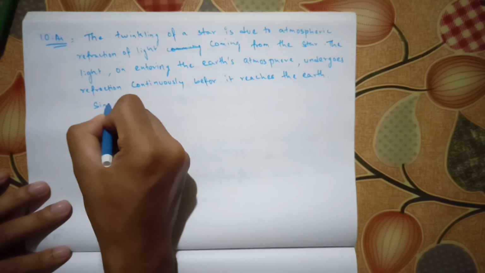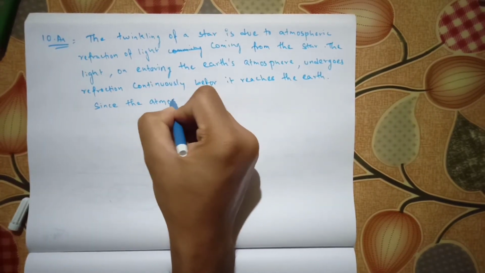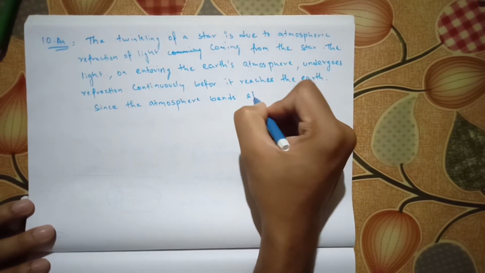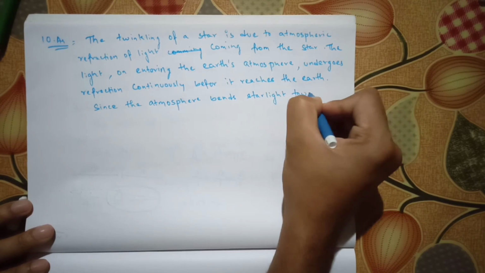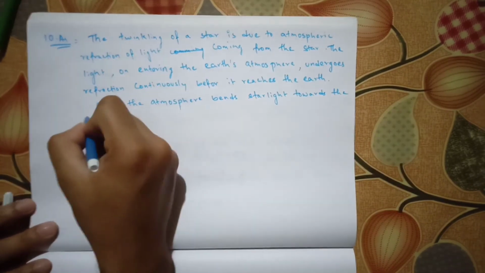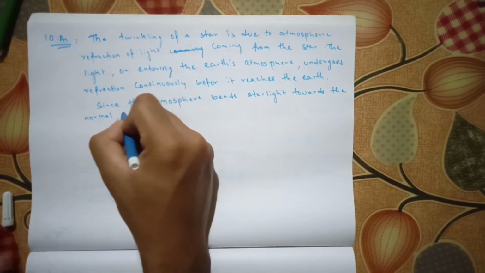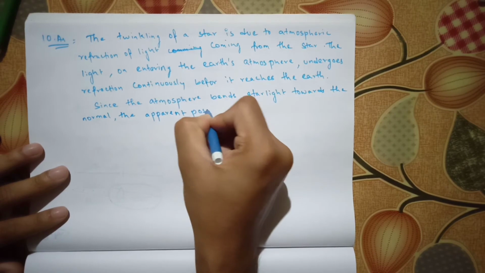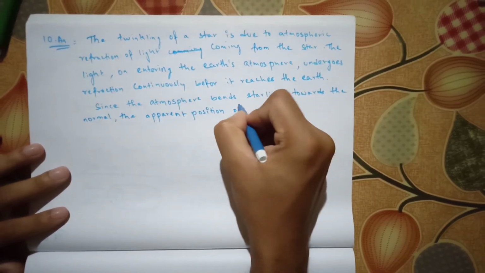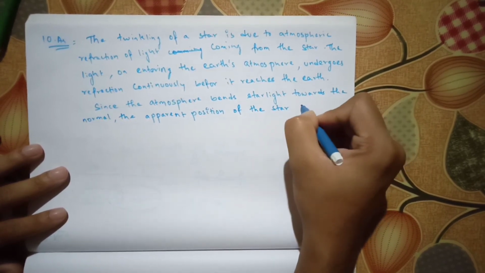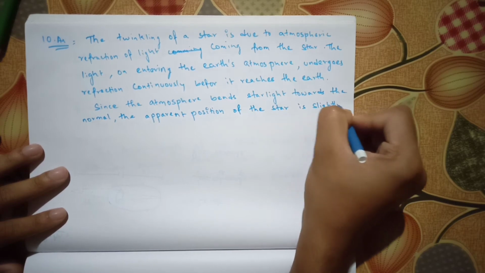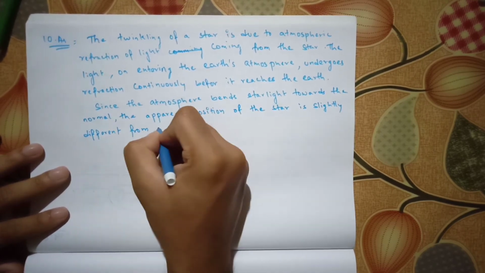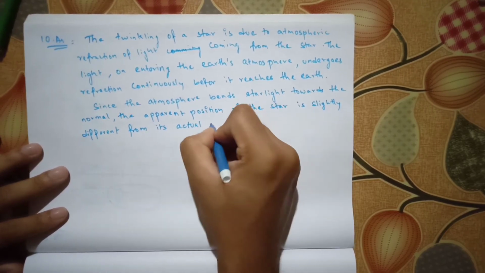Then, since the atmosphere bends starlight towards the normal, the apparent position of the star is slightly different from its actual position.